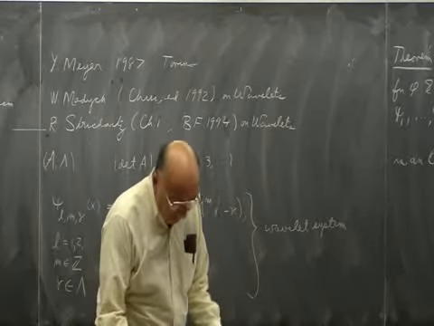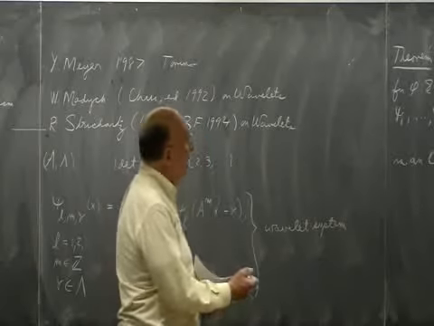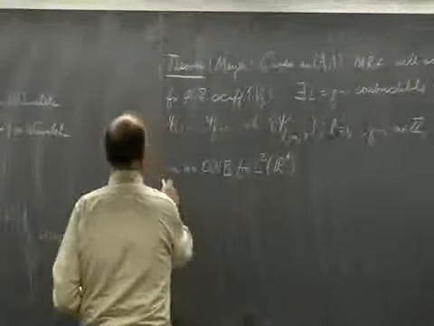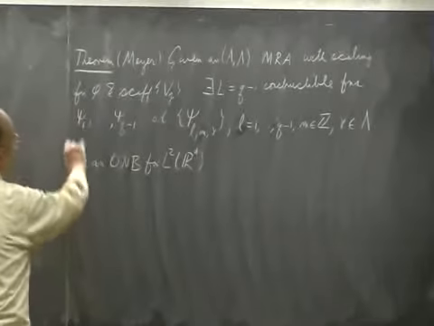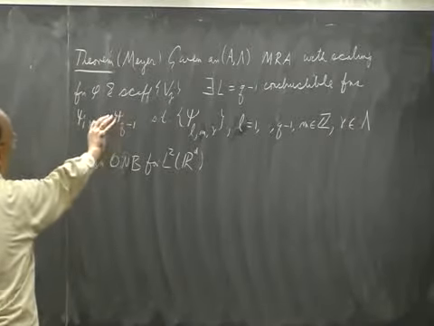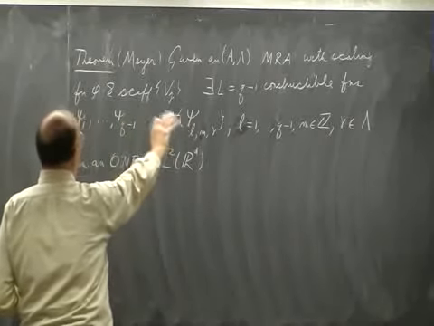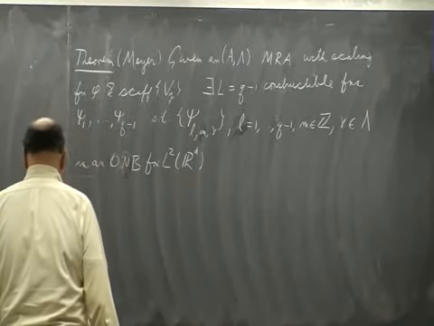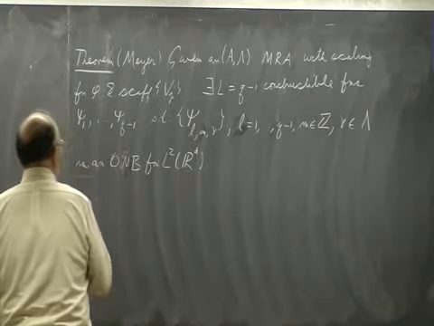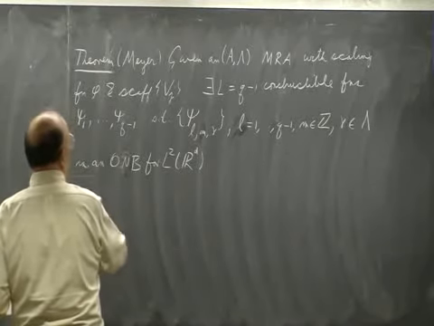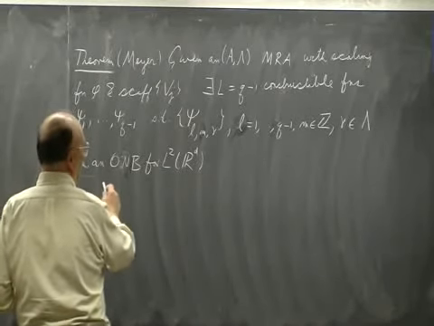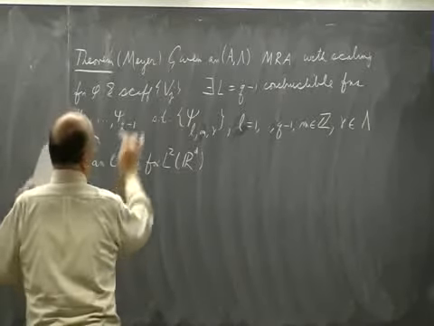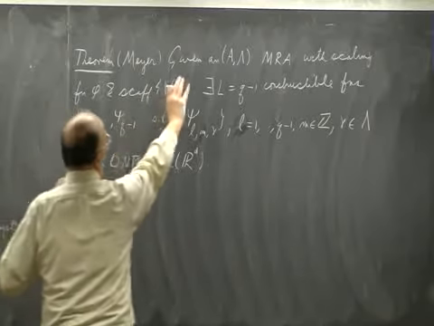So let me embellish this statement of this theorem a little bit. We've got the first sentence here, and we've got a function phi. How can I do this? I'm going to rewrite parts of it.